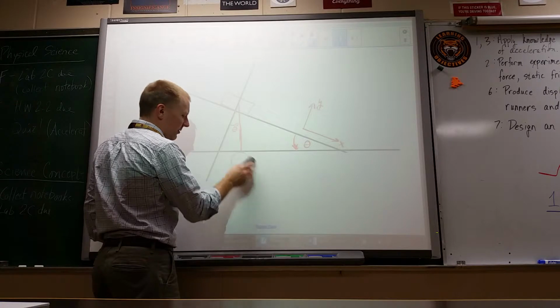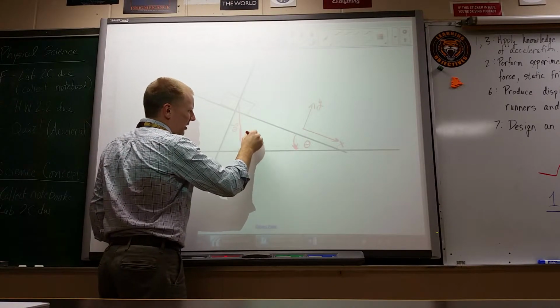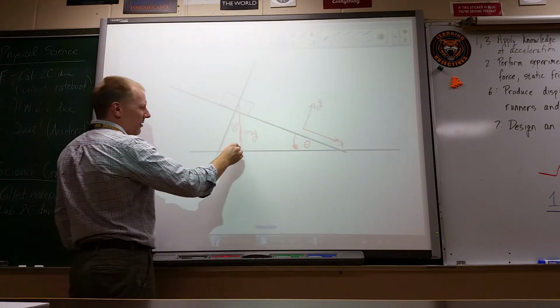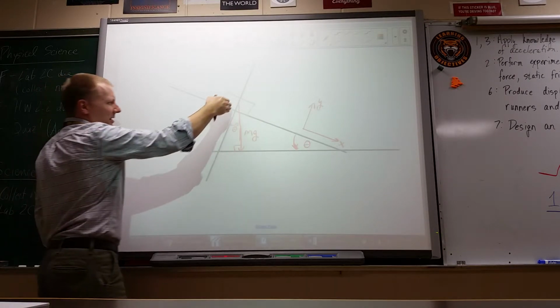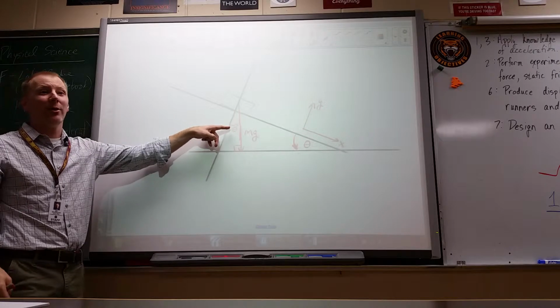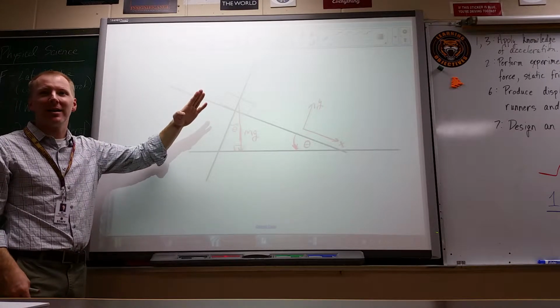So what I'm going to do to make this make sense, I'm going to label that. I have got a right angle here because this is a horizontal thing. The gravity is straight down, so that's a right angle, and I know that angle theta because that's how I set up my ramp.